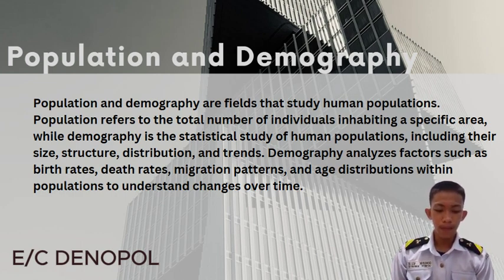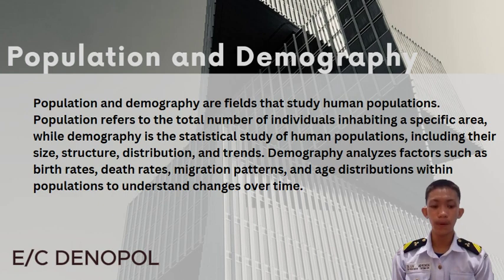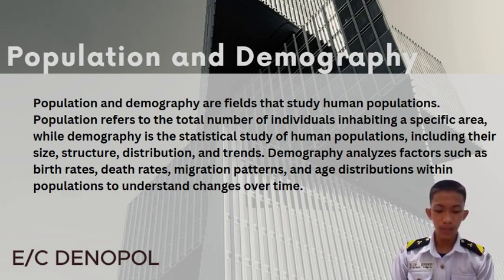Population and demography help us grasp human trends and extents, from birth and death rates to migration patterns and social trends. Understanding this is crucial for policy makers, economists, sociologists, and many others who seek to address various social, economic, and environmental challenges.